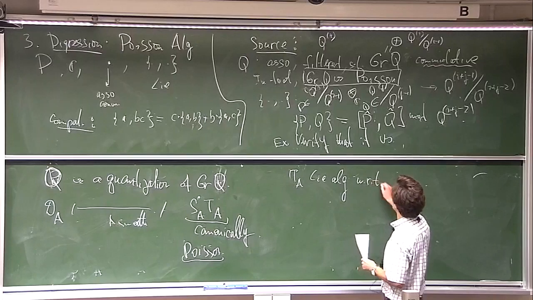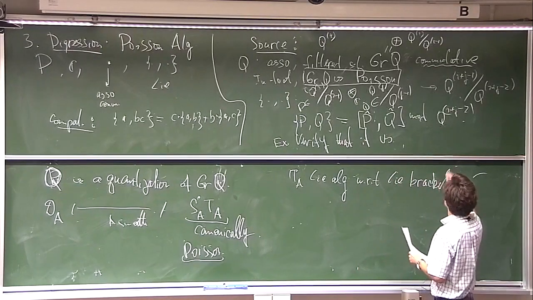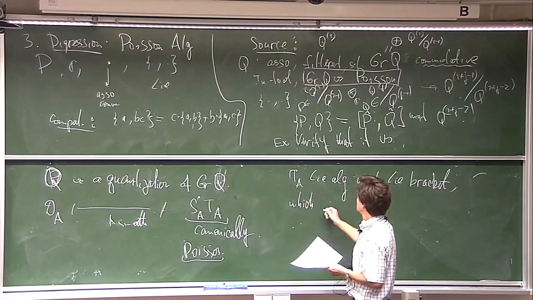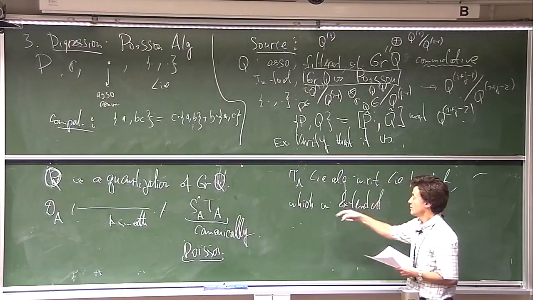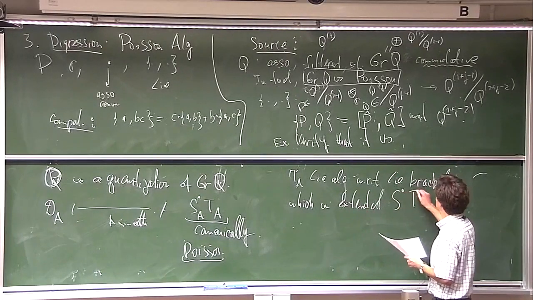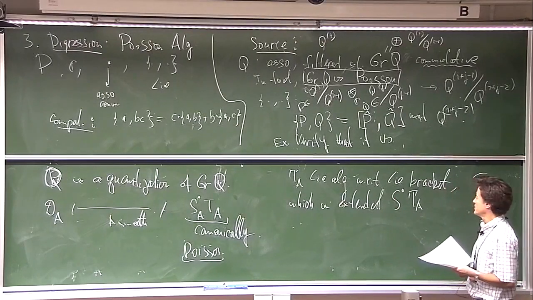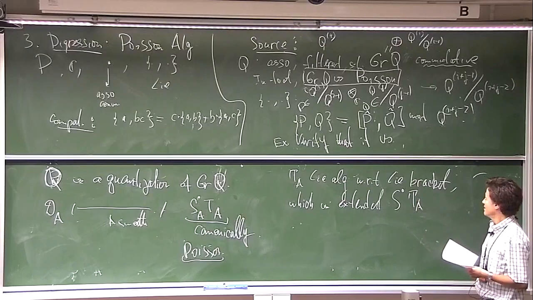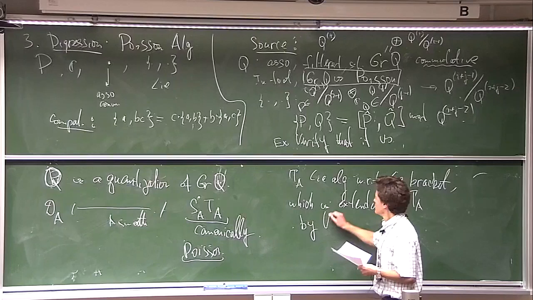with respect to the Lie bracket, which is extended to the entire algebra. The algebra is free, so if you know how something operates on generators, you immediately extend it to the algebra itself by using the Leibniz rule.